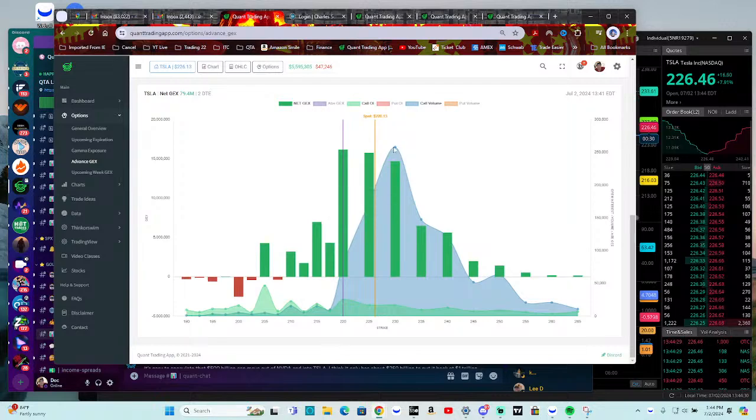We are below that. That's a resistance now. There is no support that we are going to be looking at on call volume. When it comes to call volume spikes on Tesla, there's no support with it. Next thing we're going to look at is the put volume, because we're looking at puts.